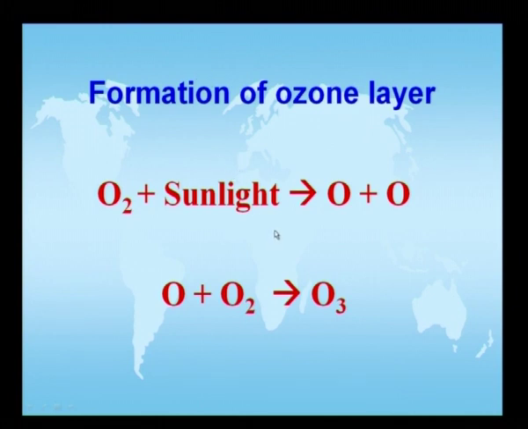Ozone, that is O3: when sunlight falls on oxygen, O2, the oxygen molecule absorbs the sun's energy and is divided into nascent oxygen plus oxygen. When this nascent oxygen reacts with another oxygen molecule, we get O3.